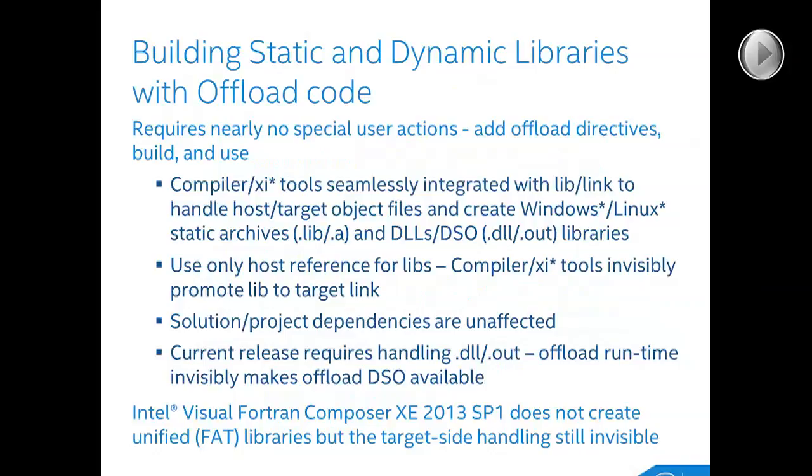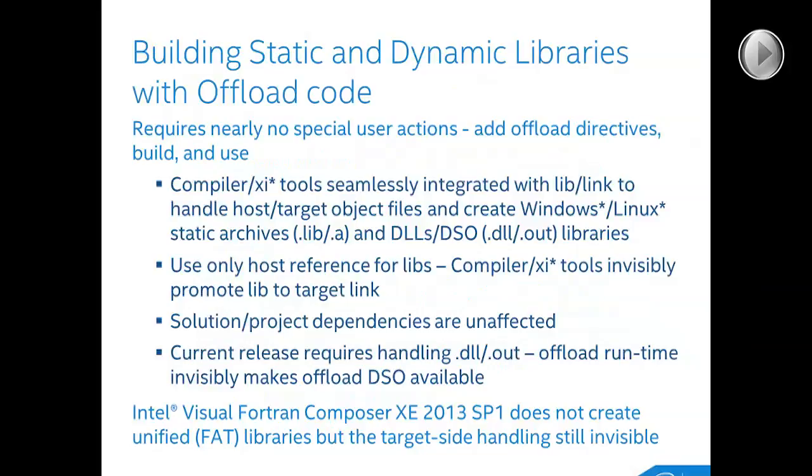Next, I want to talk about building static and dynamic libraries that contain offloaded code. I mentioned these earlier. Now, there's really nearly no special action required from the developer. In terms of this, you would add your offload directive, build and use the library. And it sounds pretty simple, and it really is.